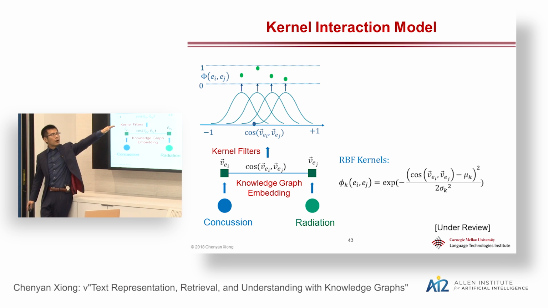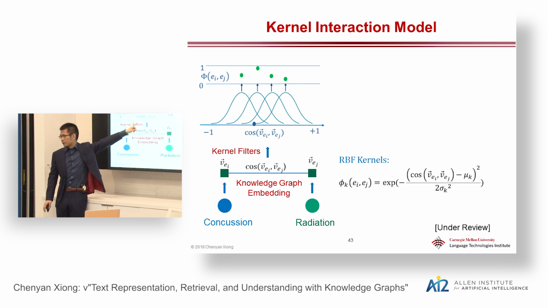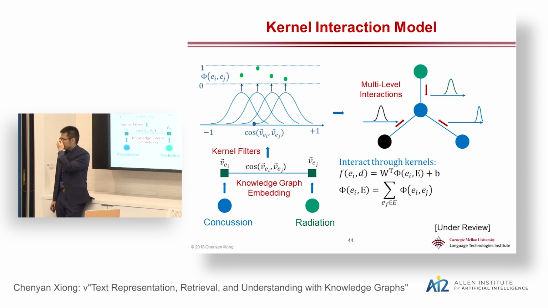To make use of the whole spectrum, we put RBF kernels, density estimation kernels, at each different range in that space. So instead of having one similarity score, now we have multiple kernel scores saying this one has a very high density in this kernel over there, and maybe a lower density in the other kernels that are further away. Then the interactions in that entity graph are no longer just by similarity.